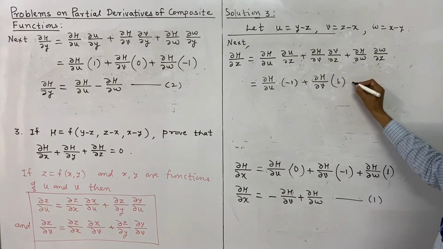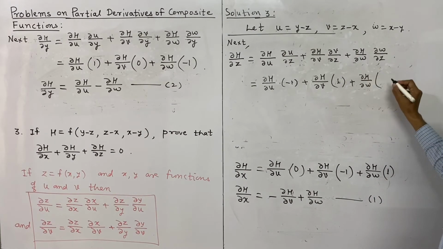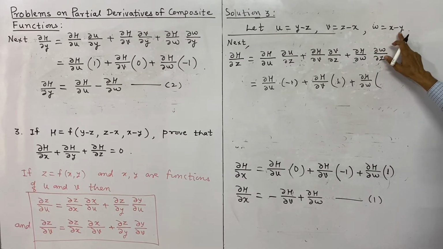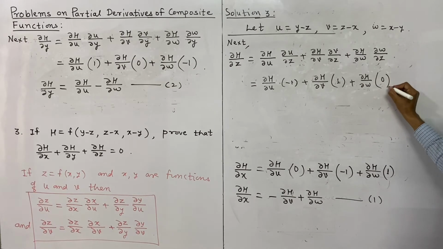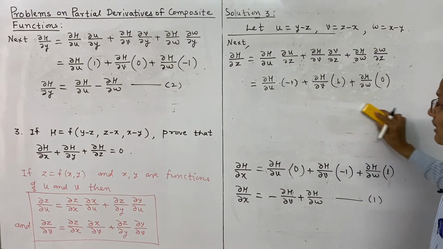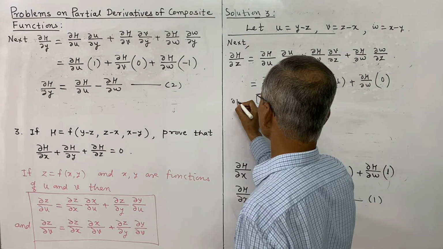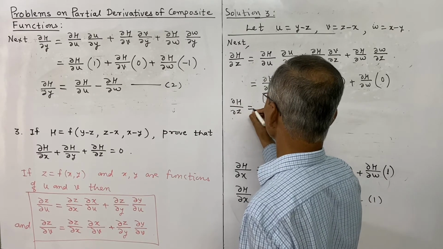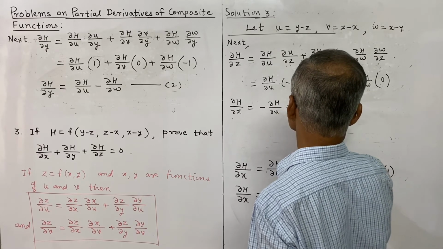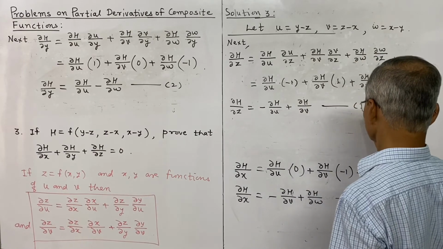By observation we can write it easily, plus the partial derivative of h with respect to w and that of w with respect to z. There is no z in w, and x, y are constants, so its derivative is 0. Thus the partial derivative of h with respect to z is equal to negative ∂h/∂u plus ∂h/∂v, and we suppose this as 3.